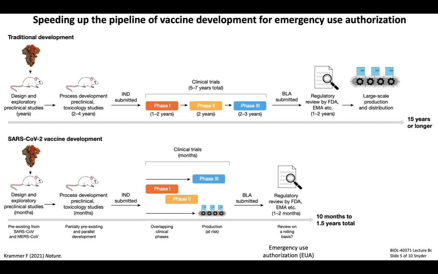The trials for these vaccines have also been staggered, which helps speed things up further too. So rather than finishing up all of phase 1 before moving to phase 2 and then 3, each of these phases overlapped with one another to help get things moving quicker. This had been done in such a way that safety was not compromised, since these trials have enrolled tens of thousands of patients.